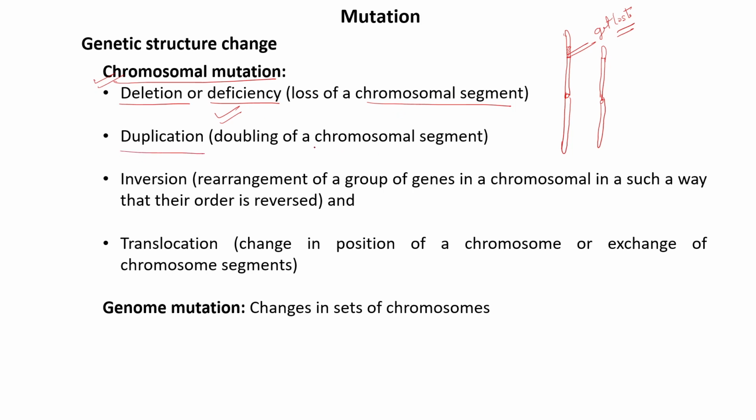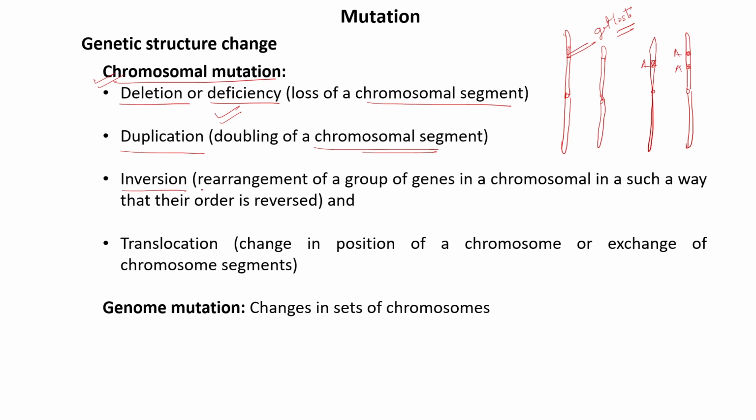Duplication is the doubling of a chromosomal segment. Sometimes the chromosomal segment gets doubled. One particular gene is present here, that is A. Now when it gets duplicated, it is present in two positions like this.